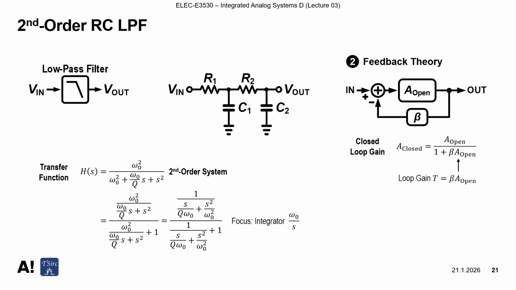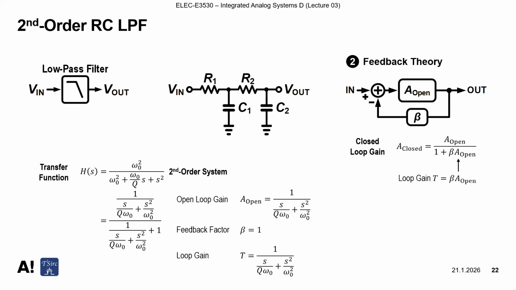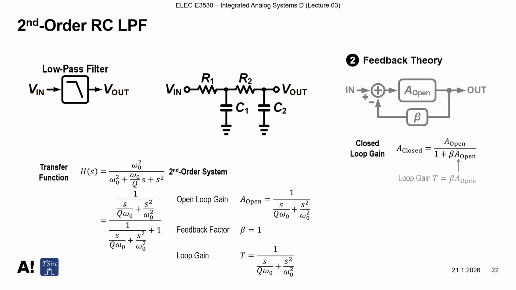Then plug this equation into the closed loop gain formula. So the open loop gain corresponds to 1 over (s over Q omega 0 plus s squared over omega 0 squared). And the feedback factor beta is equal to 1, because now we have a loop gain that is exactly the same as the open loop gain formula. T is equal to the open loop gain, so here we can take beta equal to 1.